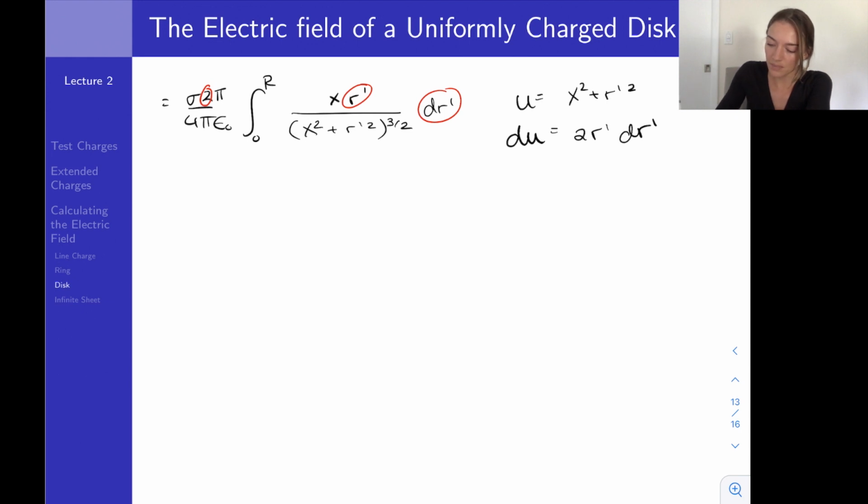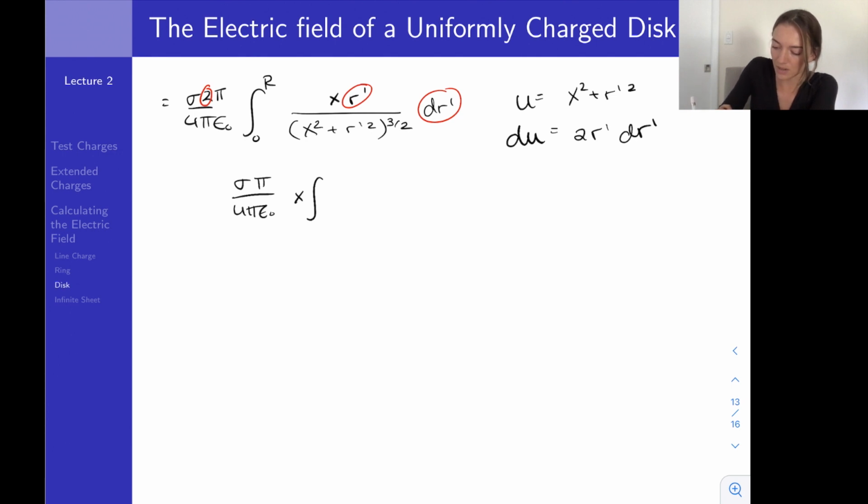So now I can replace everything in this integral. And remember, x is just a constant here. So it's okay that I'm going to have an x left when I do my u substitution, because x is just a constant for this scenario. So let's just integrate. We're going to have a sigma pi over 4 pi epsilon naught, and we're going to have an x left out here.